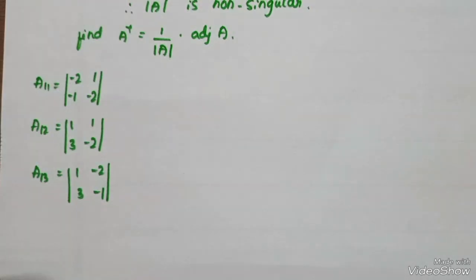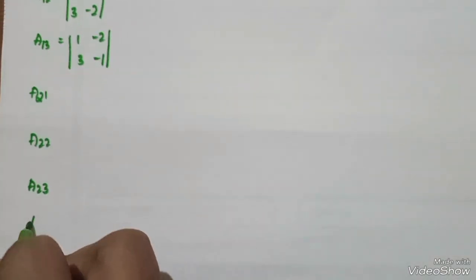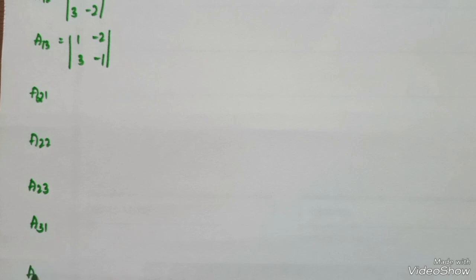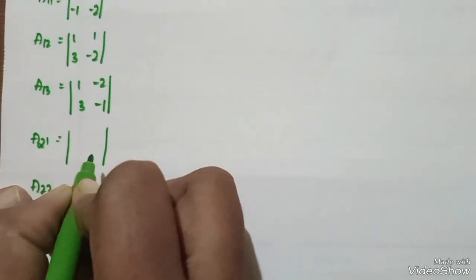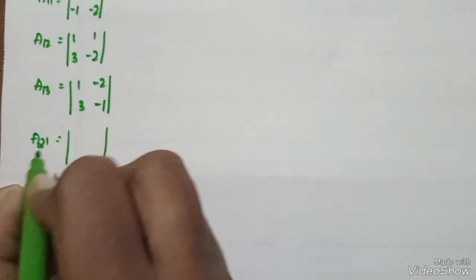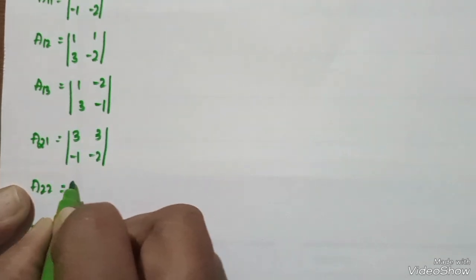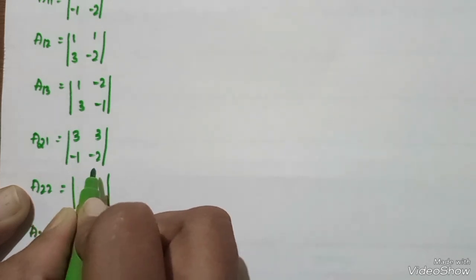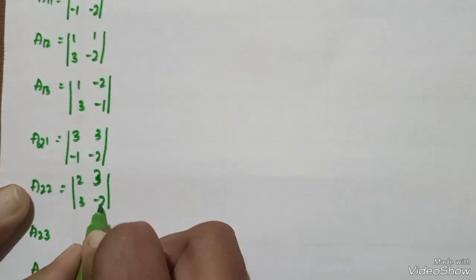Okay, now A21, A22, A23. Here I am considering A31, A32, A33. Okay, for A21, the elements 3, 3, minus 1, minus 2. For this one, 2, 3, 3, minus 2.